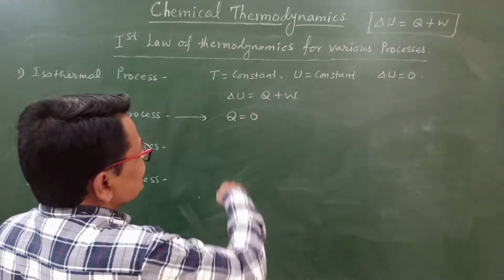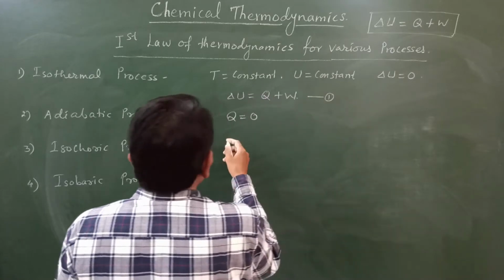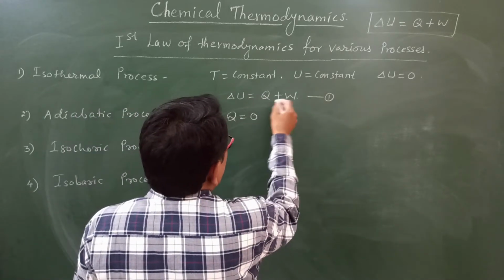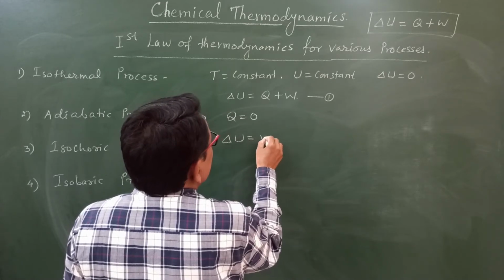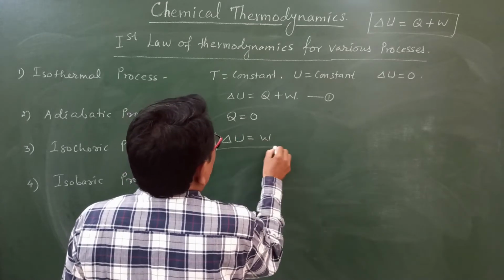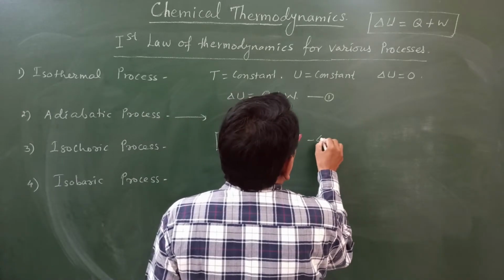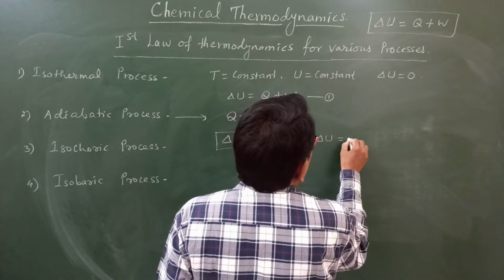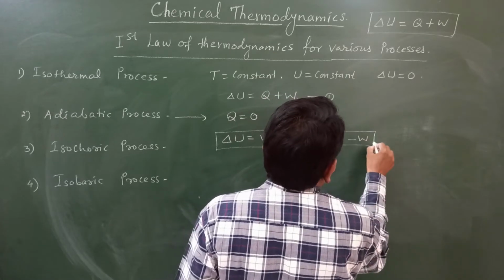By putting this value of Q is equal to 0 in the first law of thermodynamics equation, what will we obtain? If you put Q is equal to 0, then delta U is equal to W, or minus delta U is equal to minus W. Meaning of both is the same.